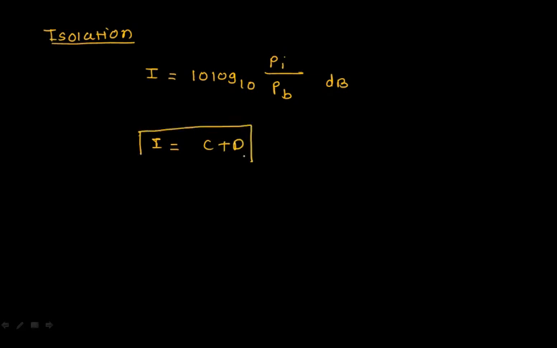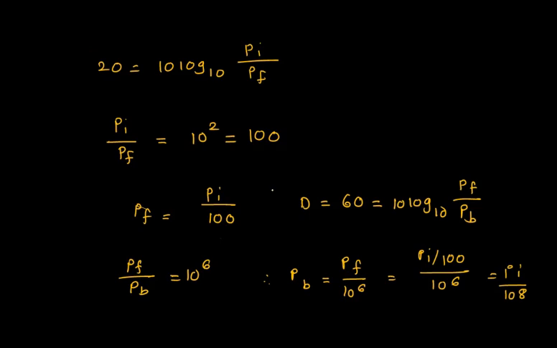Next is the isolation. Whenever you're talking about isolation, this is the ratio of incident power to the back power and will be denoted in dB. Now you can notice that your isolation is equal to C plus D. Always your isolation is the addition of coupling factor plus directivity, because as it is the ratio, we can write 10 log to the base 10 of Pi divided by what we have received previously, that Pb is equal to Pi by 10 raised to 8.